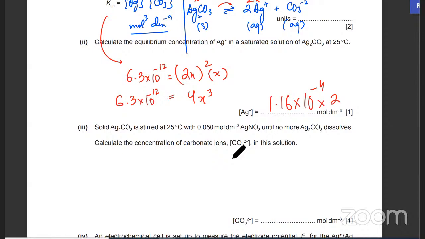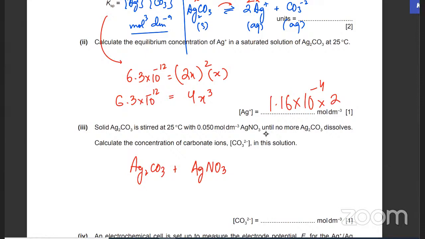Solid silver carbonate is stirred at 25 with 0.5 mole per dm cube of silver nitrate. So I've got Ag2CO3 and I've got AgNO3, and until no more Ag2CO3 dissolves.